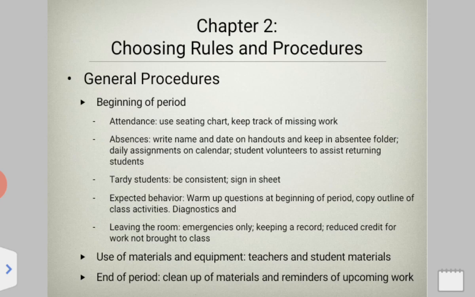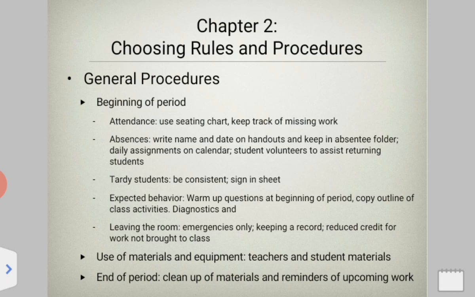Sometimes it is in the student's handbook, or some specific situations that probably occur daily in the classroom. You have clear what to do, and they know also what to do, or what's going to happen, what are the consequences of doing something or behaving in a certain way.